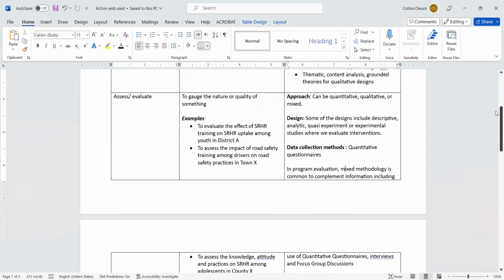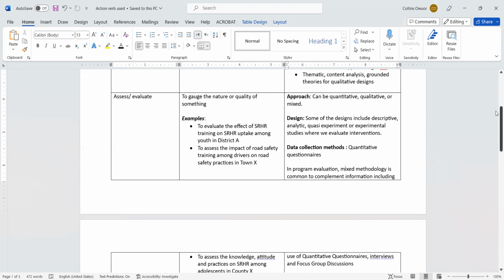It can also be analytic, meaning you are trying to test the relationship between some variables. It could also be a quasi-experiment or an experimental study where we try to evaluate interventions.